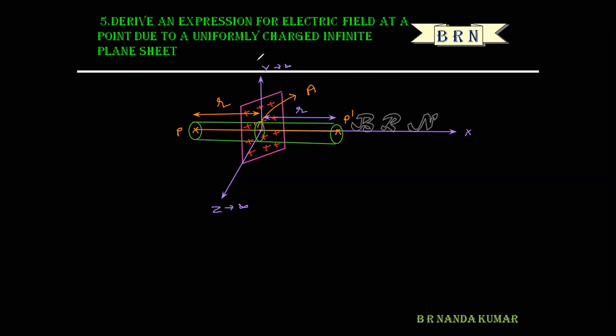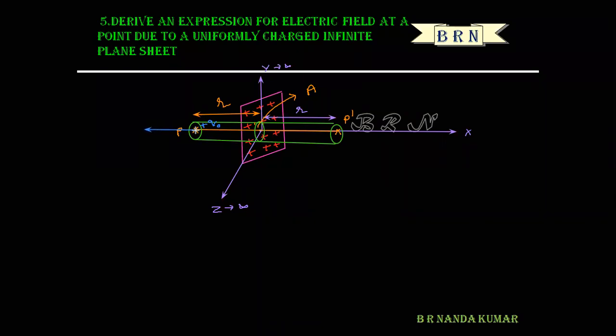Okay, right? So after that, we have to mark the direction of electric intensity at point P and at point P dash. How do you find the electric intensity at a point? By using a test charge. A unit positive test charge plus q naught is placed at the observation point P. Due to this uniformly charged plane sheet, plus q naught will experience a repulsive force.